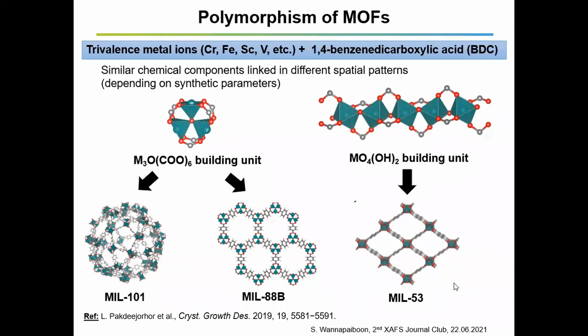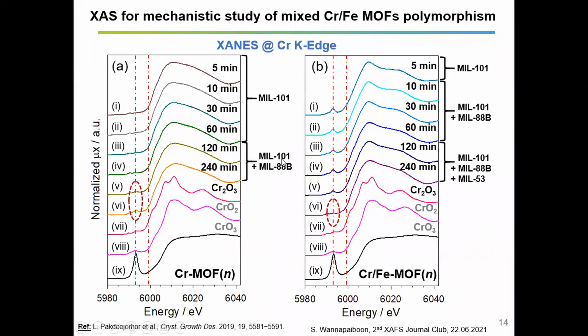So with this, we can also use X-ray absorption techniques, both in the XANES and EXAFS regions, in order to identify the mechanisms of the formation of polymorphs inside the mixed metal MOF, which uses chromium and iron together inside the structures.